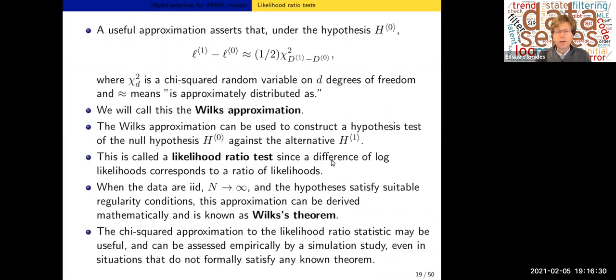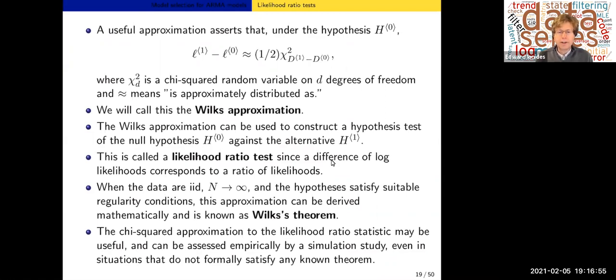And this approximately equal sign here means is approximately distributed as. I call this Wilks approximation rather than Wilks theorem, because basically Wilks theorem says that this approximation is true in some asymptotic limits, but often it's a good approximation in finite samples too.